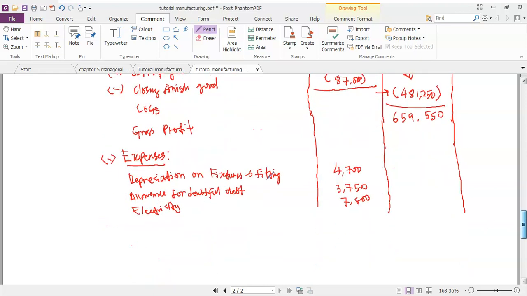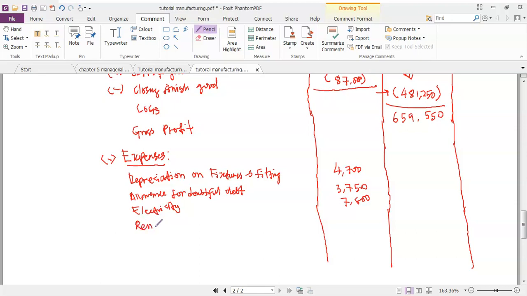Another one is rent and rates. How much? Okay, that we already distribute between the factory and also office. Office expenses we should input in the income statement. Okay.